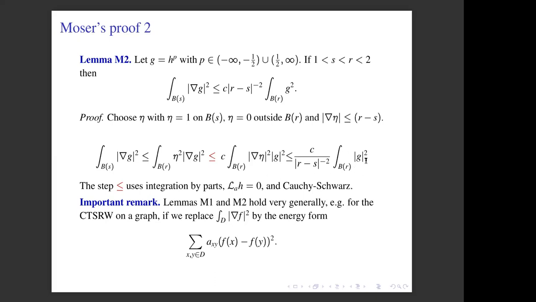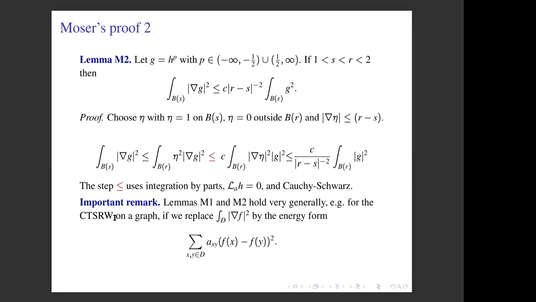Actually, this seems a fantastically wasteful procedure because r and s are going to be very close together, and the gradient of eta is going to be 0 almost everywhere, at least on most of the mass, and just is large in a tiny little slip between s and r. So fantastically wasteful, though it appears to be, it's what Moser did, and as you'll see, it works.